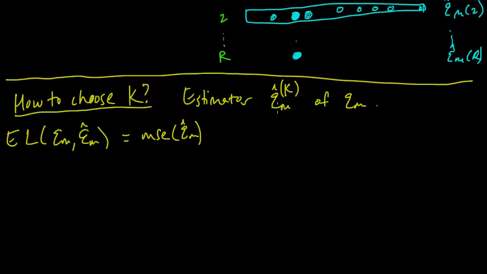Remember the bias variance decomposition: the mean squared error can be decomposed as the bias squared plus the variance. So in order to choose a good value of k for this estimator, we need to find a good trade-off between bias and variance.